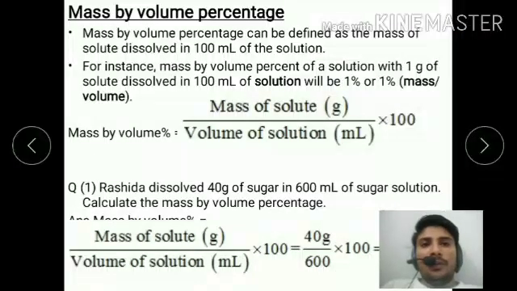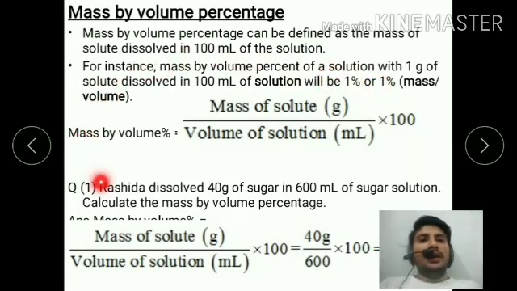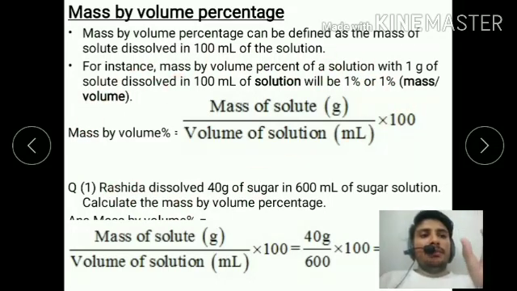Now we move to the next slide. Another topic is mass by volume percentage. It is a very simple topic. In the first slides you studied the mass percentage, then the volume percentage. First, what is the formula? Mass by volume percentage is the mass of solute upon the volume of solution, multiplied by 100.